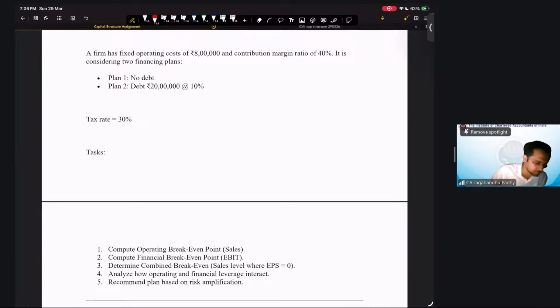Because if there's no indifference point between two of them, you can definitely do what you are saying. For A you will not consider; between B and C, you will look at only the financial break-even point. Correct.